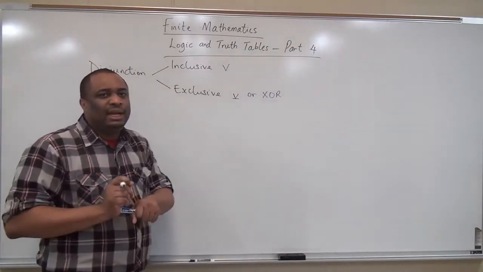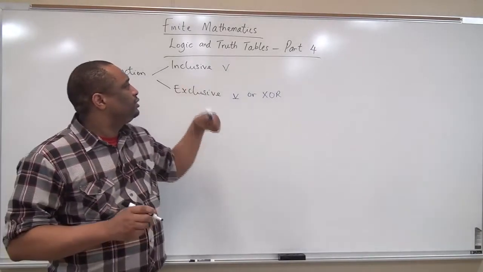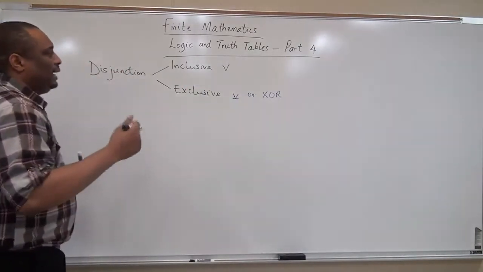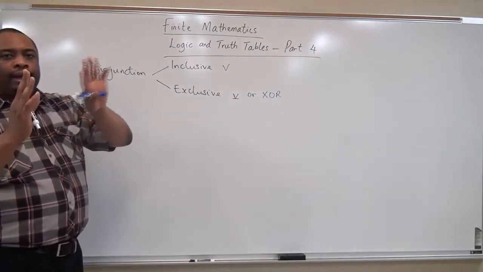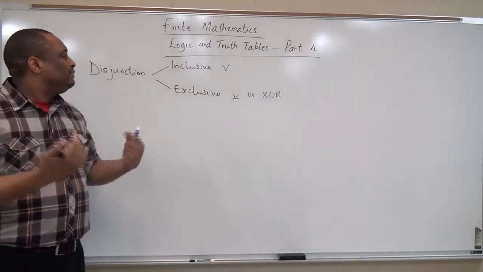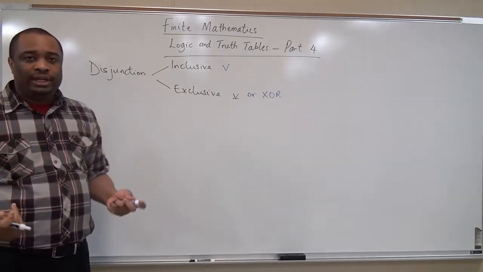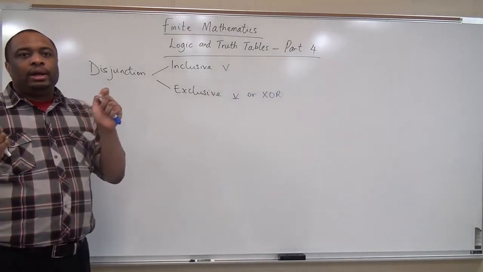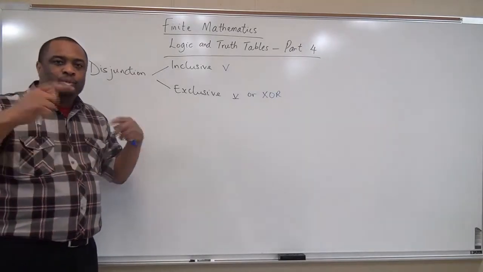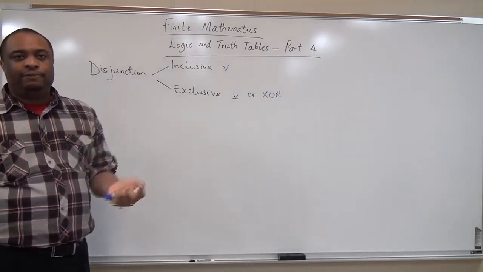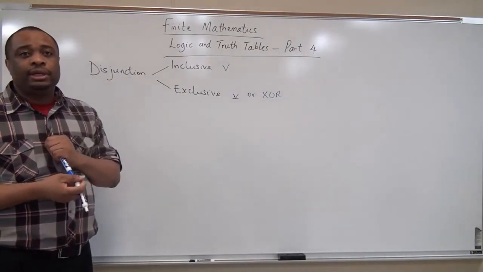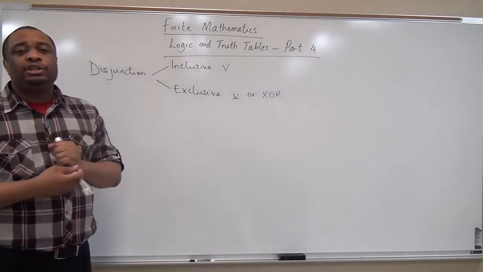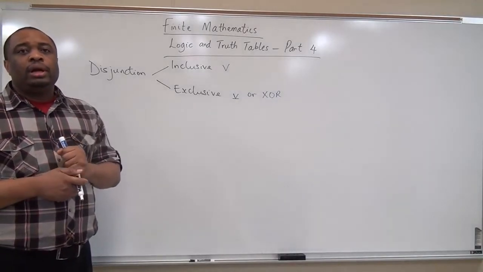The difference is that in inclusive disjunction, if you are considering two propositions, the inclusive disjunction is always true, except when both propositions are false. That is the only time the inclusive disjunction is false.